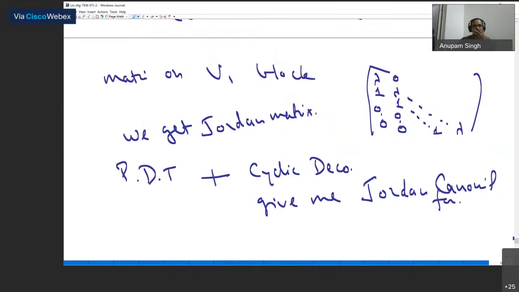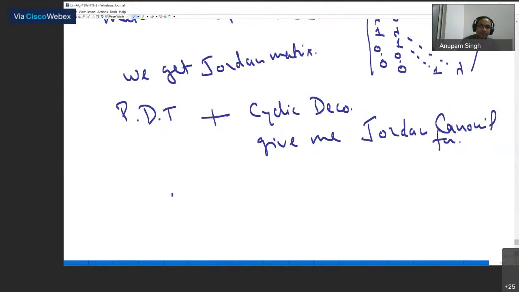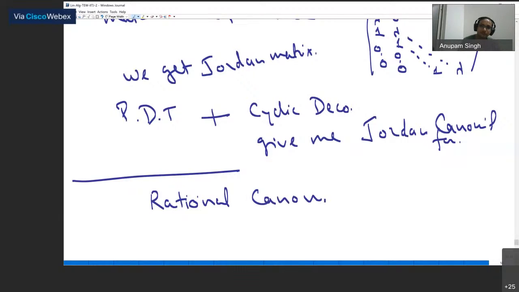The way I have stated all these things, it's much more general. You can actually get the rational canonical form also, because I said that you get companion matrices. But I'm not going to elaborate too much on this.